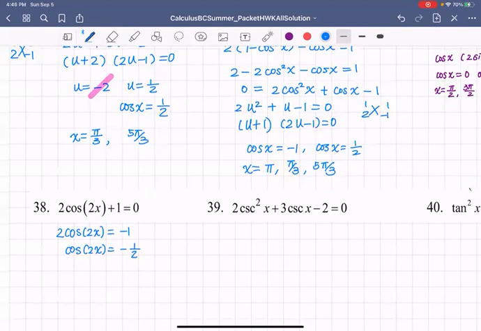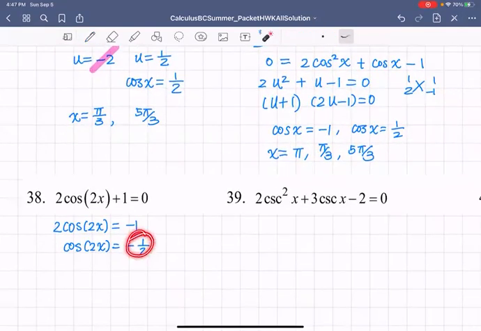Continue. And then cosine 2x equals -1/2, and then cosine of 2 pi minus 2x also equals -1/2. This equals who?